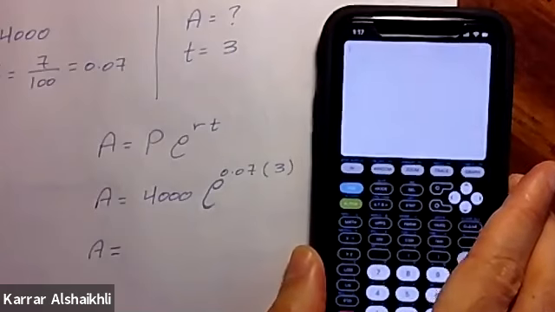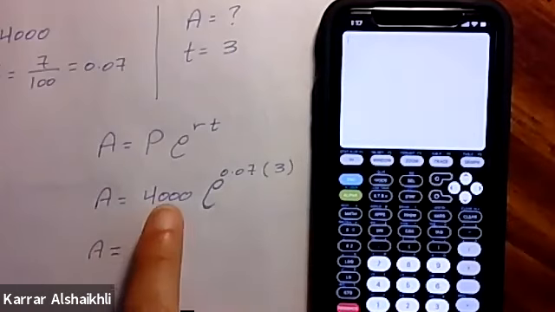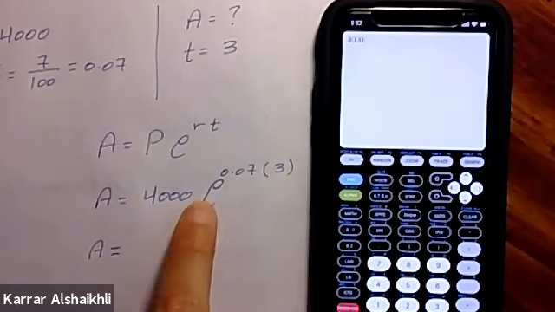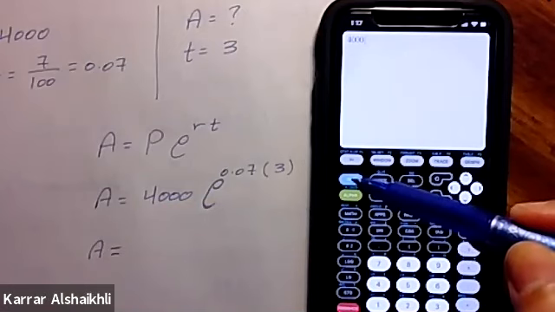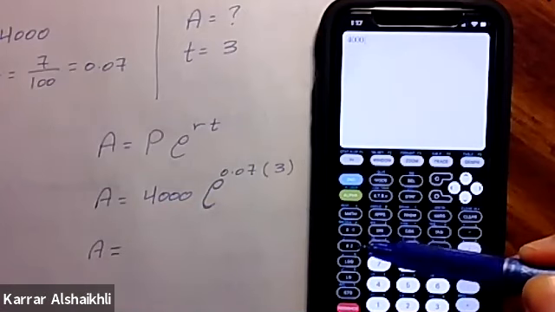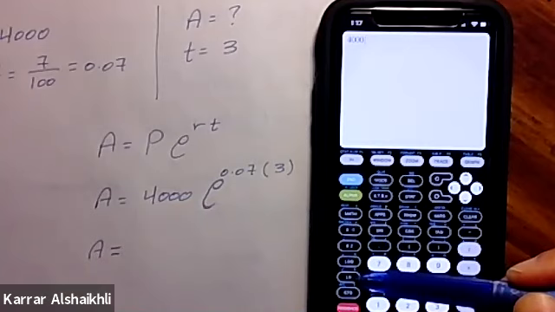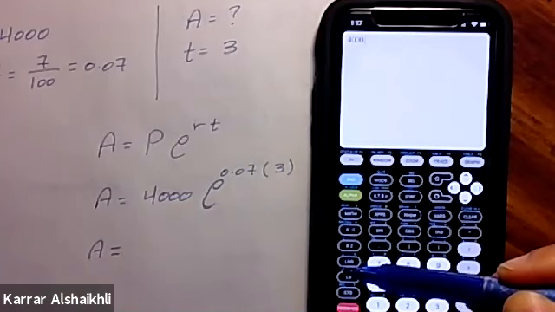So now how to plug in these. Here's the important part. I need you to focus here. 4,000. Here's the 4,000. Let's write down the E function. Where is the E function? You have to press the second function and the ln. If you check the ln function, there is a small second function, e to the x here. That means I need to use this one.